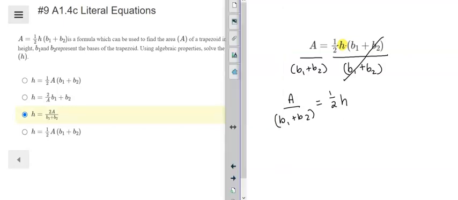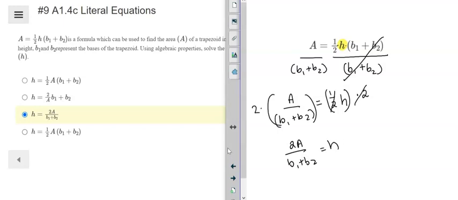Yeah, I think it is, because to get rid of that 1/2, I'm going to multiply both sides by 2 over 1, or just 2. So that would be 2a on the top, and b1 plus b2 in the bottom. And then you have h by itself, and that is that one.